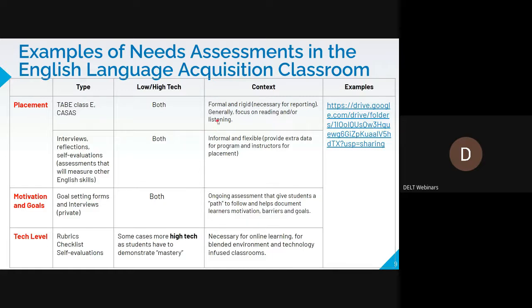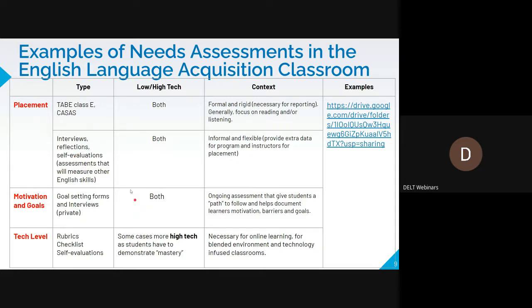For example, in my program, we use CASAS reading and listening. But a lot of the time, writing and speaking is not assessed by a test. We have to make our own systems, the same here with interviews, reflections, writing about their lives. So that's where we have to do this more flexible testing.